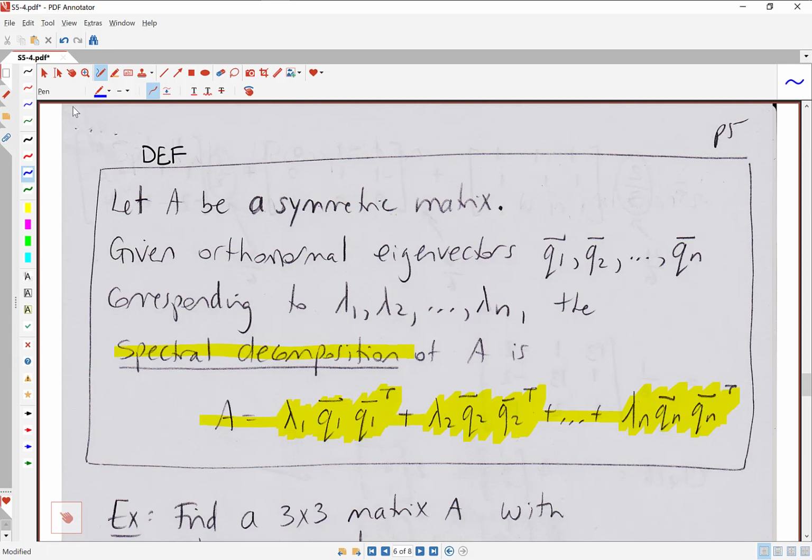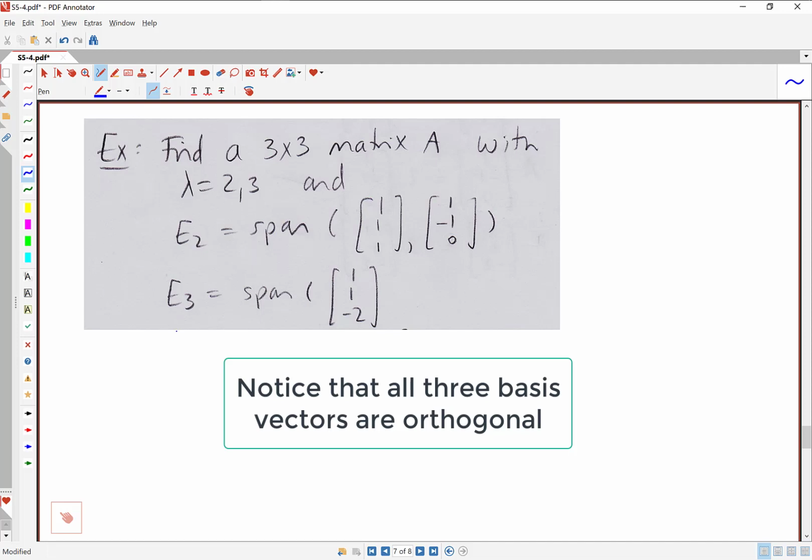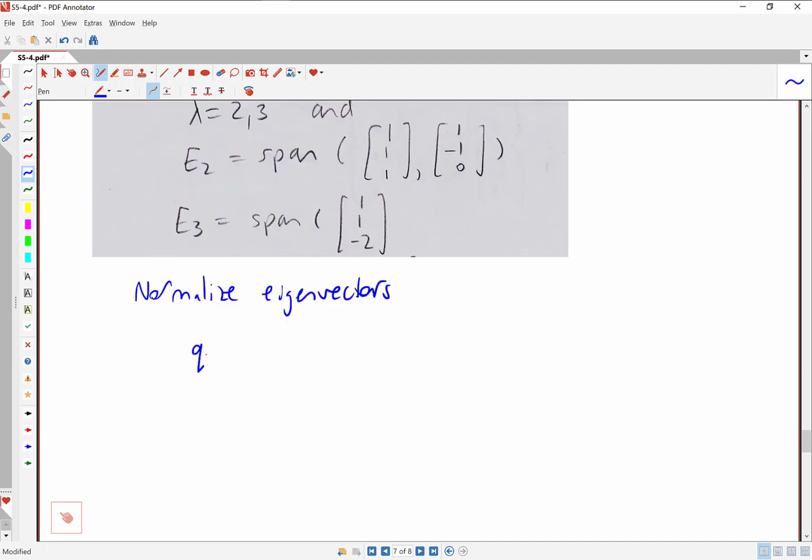So what we need is a set of orthonormal eigenvectors. That's what's important here. So that's why we're calling those vectors Q1, Q2, just to emphasize that it's an orthonormal set. So we'll say vector Q1 is 1 over root 3 times 1, 1, 1.